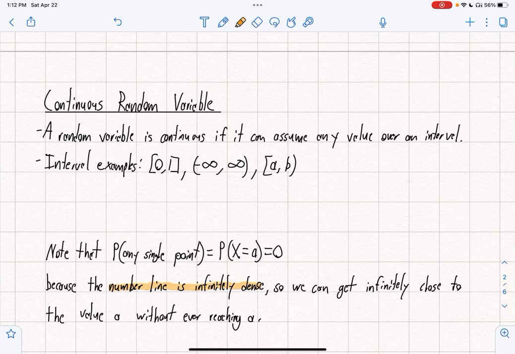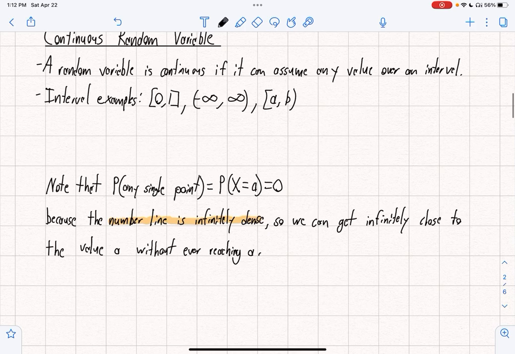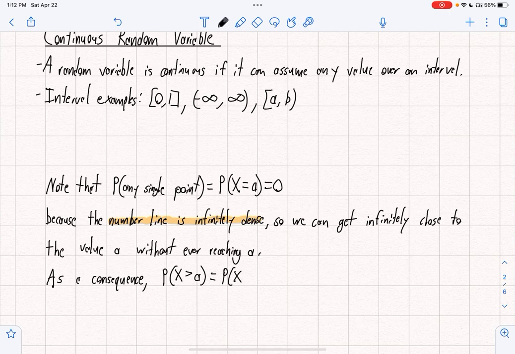So first let me note, as a consequence of this, the probability that x is bigger than a would be the same as the probability that x is bigger than or equal to a. And same in the other direction.